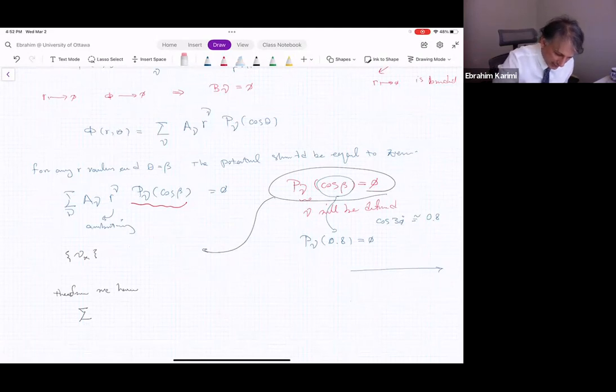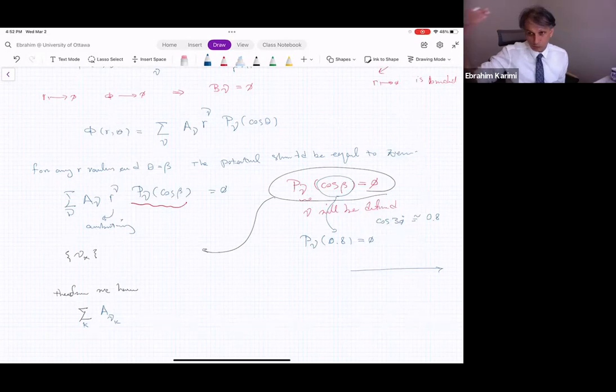I will label the nu's by k, because it can be one Legendre, another Legendre, and another one. The solution is r to the power of nu k, P nu k of cosine of theta. And that is the potential that I have.